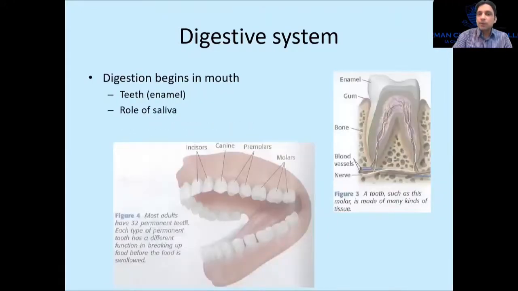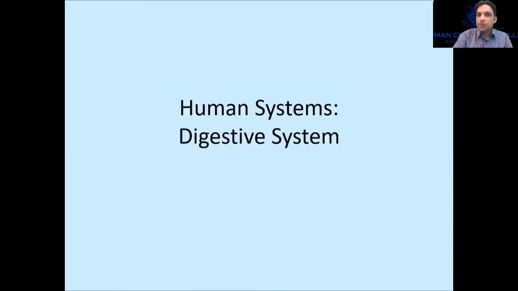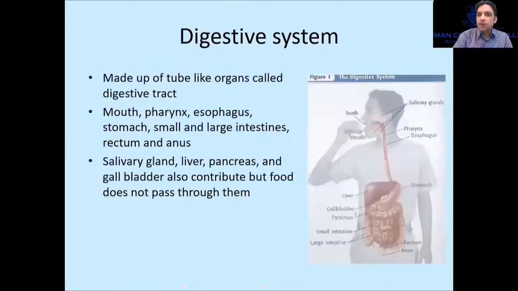Now remember, as I told you earlier in the respiratory system, the pharynx is connected with two systems. The one is the respiratory system: the trachea is entering into the lungs. The other one is the food pipe or esophagus, which is entering into the stomach.